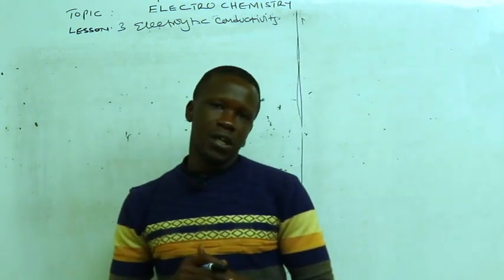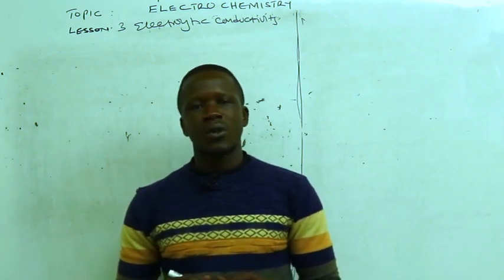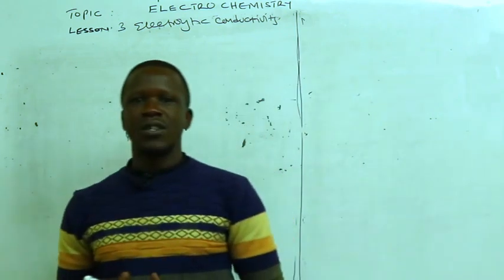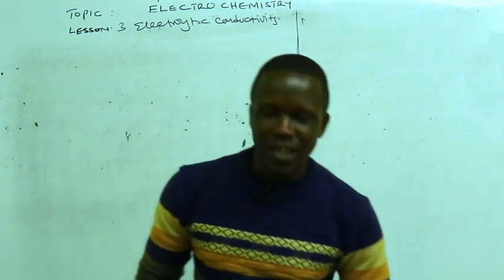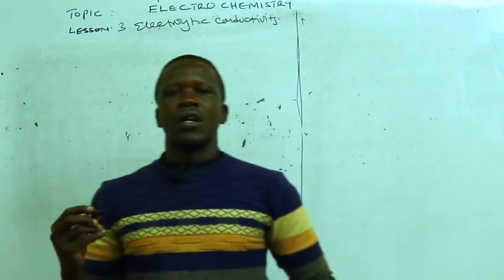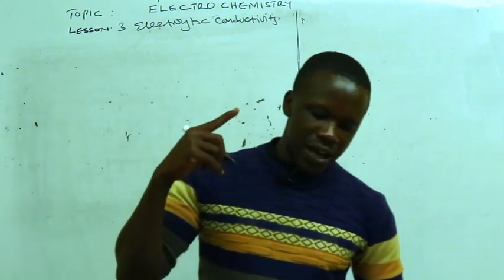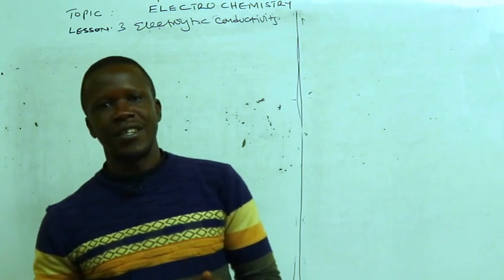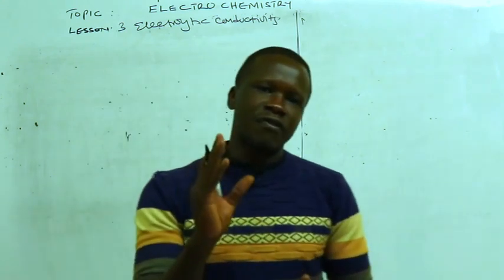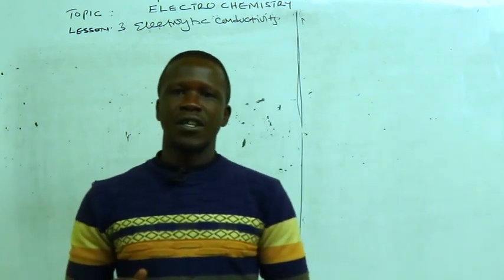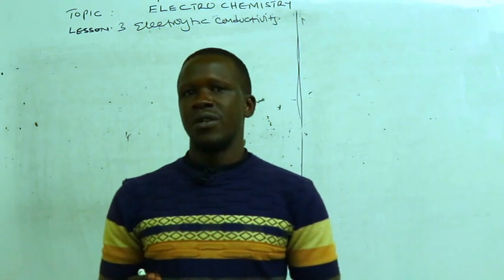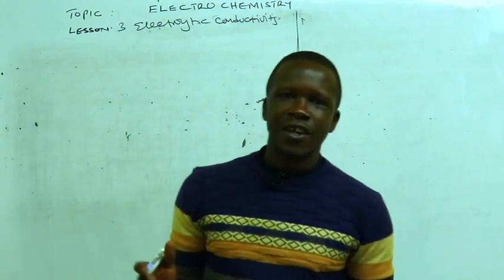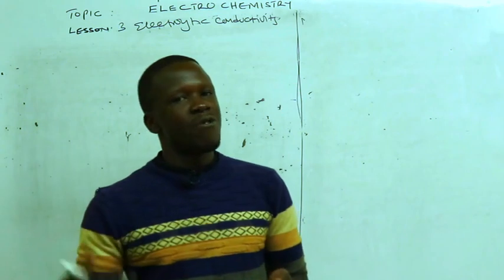Electrolytic conductivity. Now, like solid conductors, even electrolytes obey properties of conductors, which state that when electricity is passing through these electrolytes, the resistance faced by the flow of current is directly proportional to the length of the electrodes and inversely proportional to their cross-sectional area.